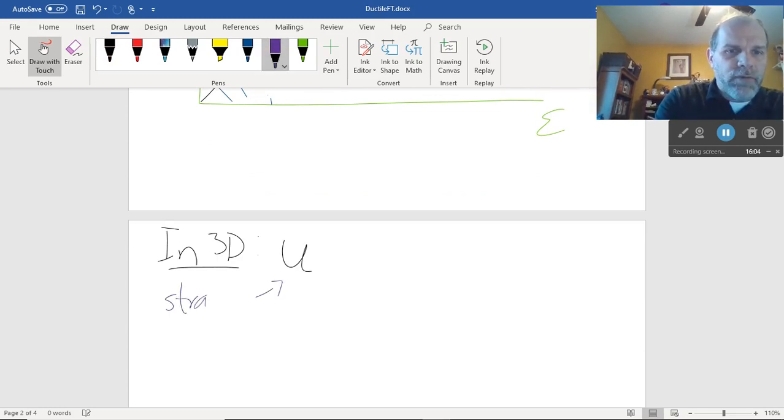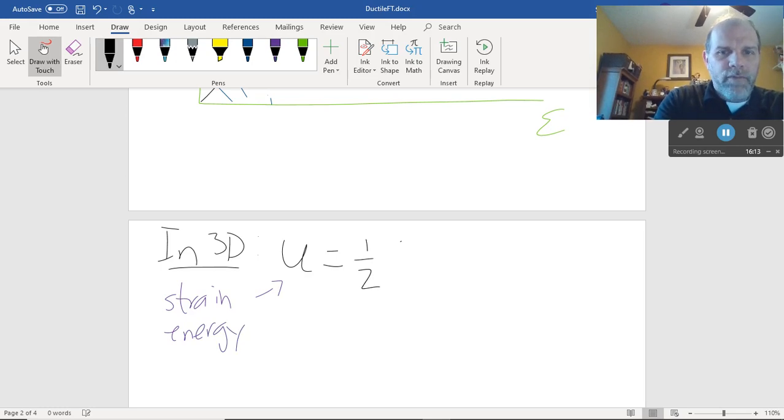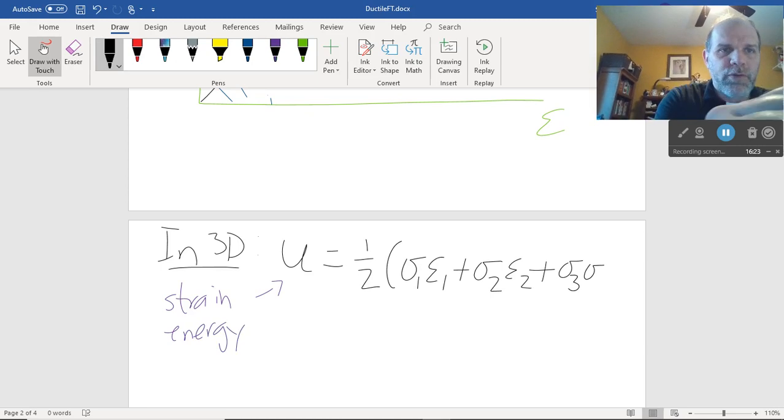It's energy that we get from deforming something. And that's going to equal 1/2 of my first principal stress times whatever strain it comes with, second principal stress times whatever strain, third principal stress times whatever strain. I've got too many sigmas on the brain, sorry about that.